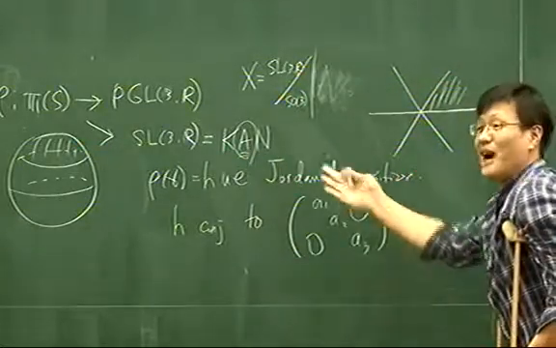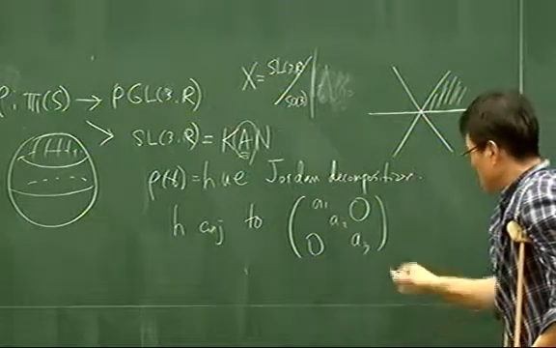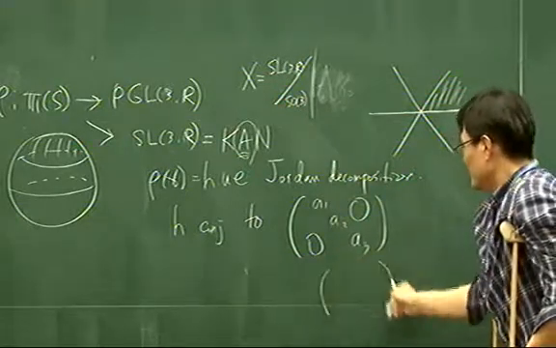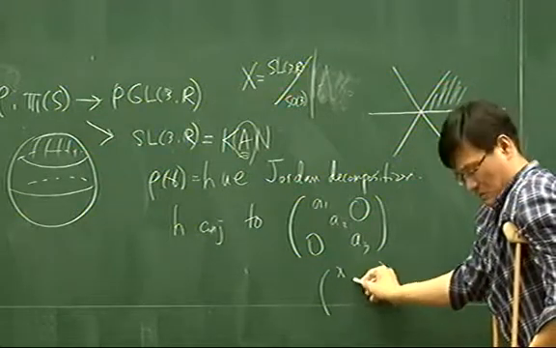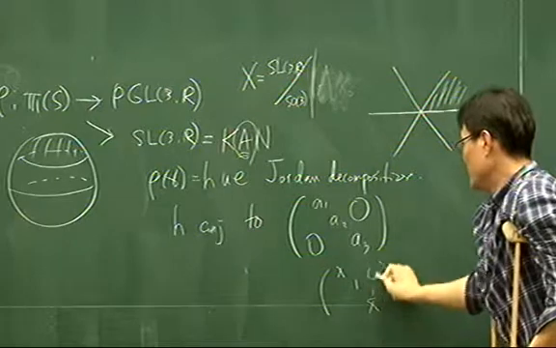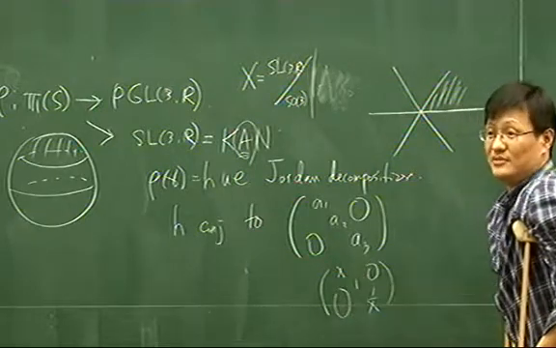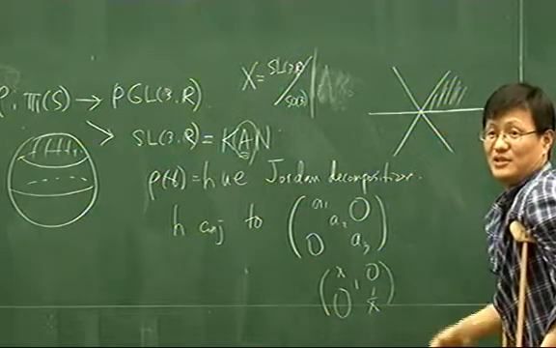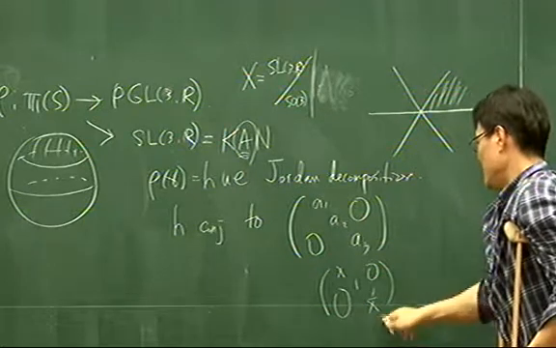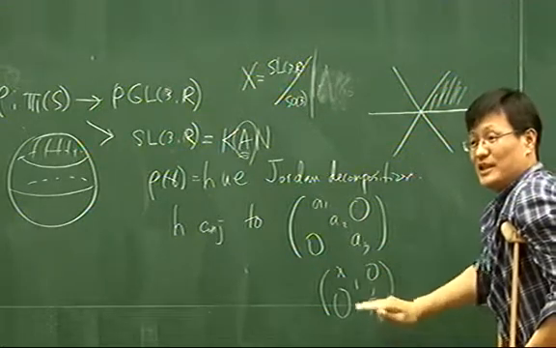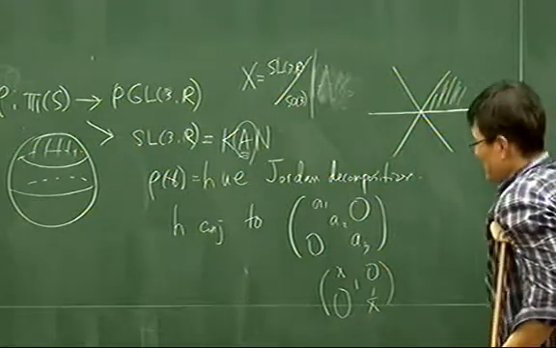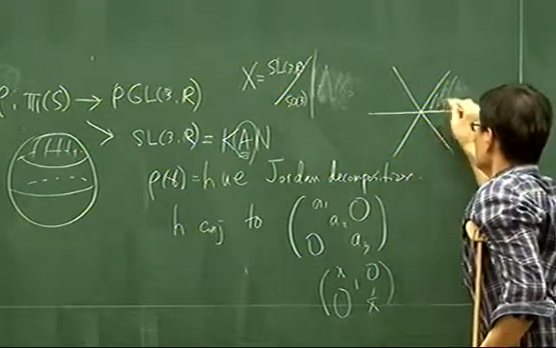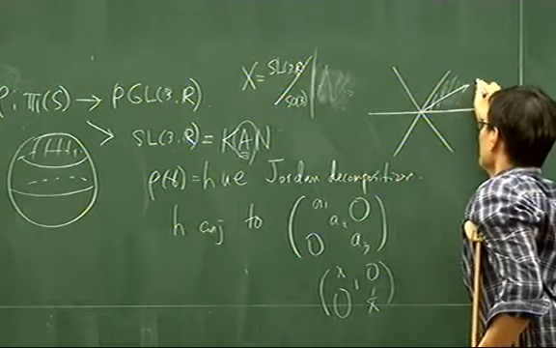If this were a hyperbolic structure, all the elements are conjugate to lambda, 1 over lambda, and 0. Okay? In SL2R, you have determinant 1. So this case is a hyperbolic structure. But this direction corresponds to the center of the Weyl chamber here.